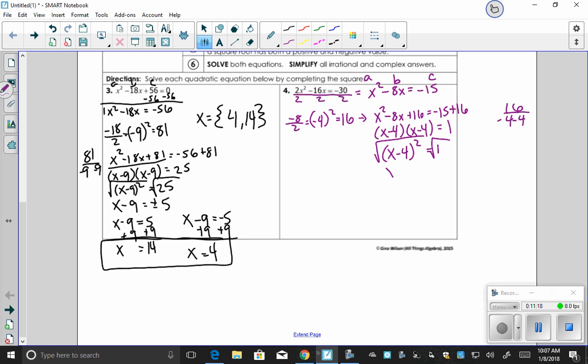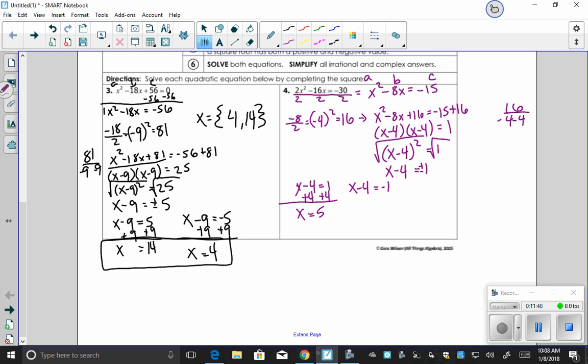Square root both sides. X minus 4 equals positive or negative 1, because the square root of 1 is 1. So I'm going to have x minus 4 equals 1. X minus 4 equals negative 1. Add 4.